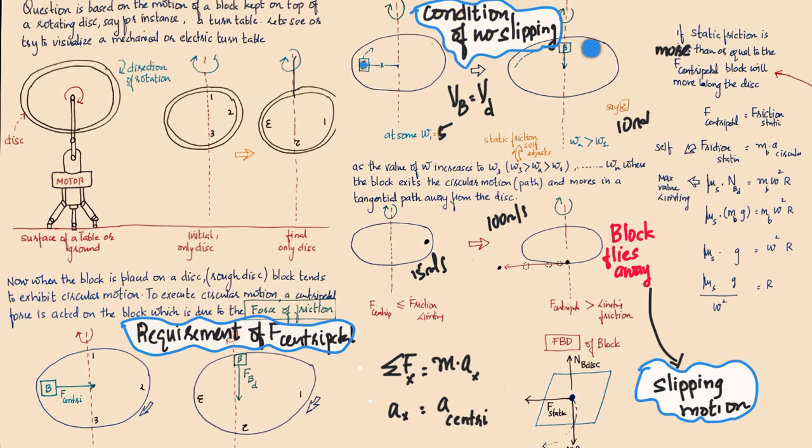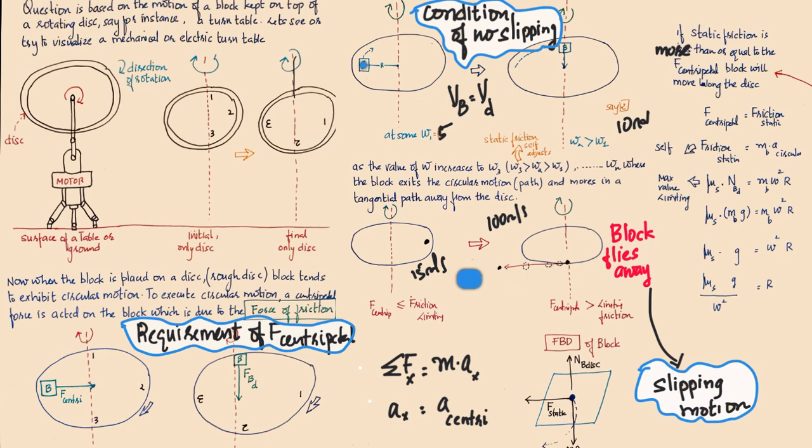If you keep this at higher speeds, it will still rotate along with the disc. And if you increase the speed, it will keep on rotating with the disc. But at some point, as the velocity of this disc is increased, it will just fly away. It will just fly away, tangential with respect to that specific point.